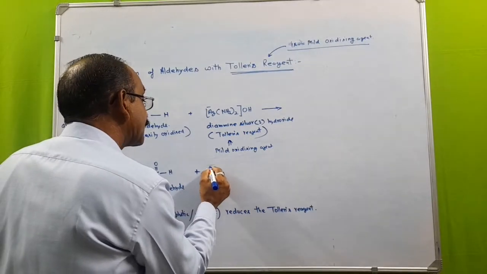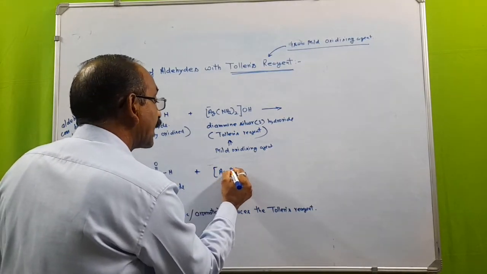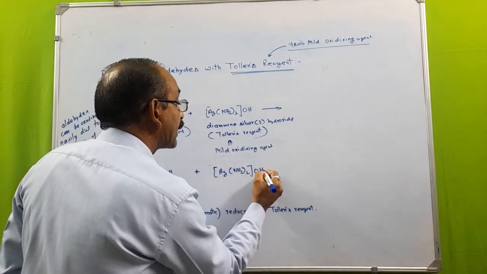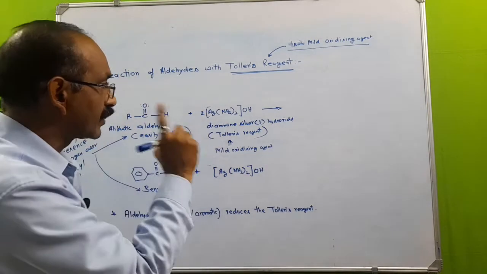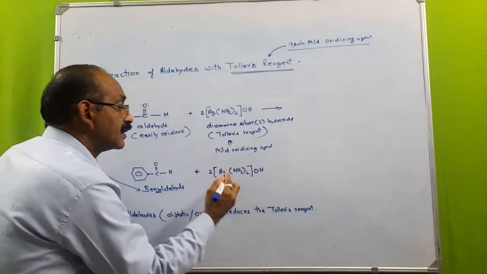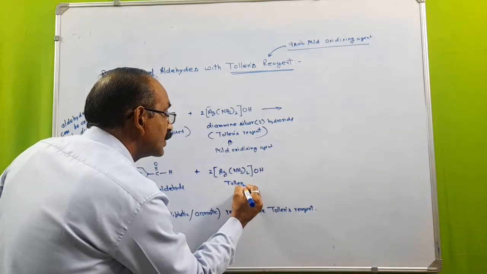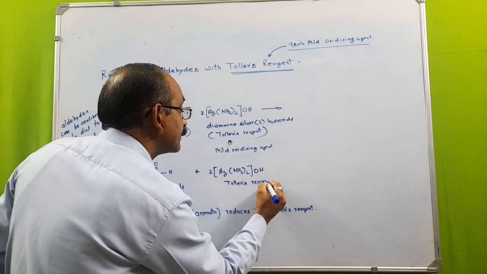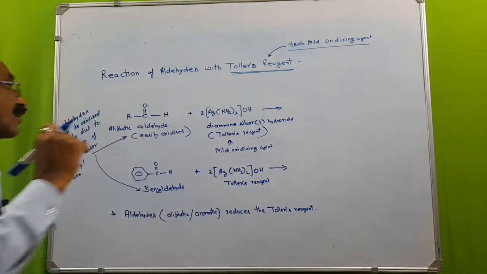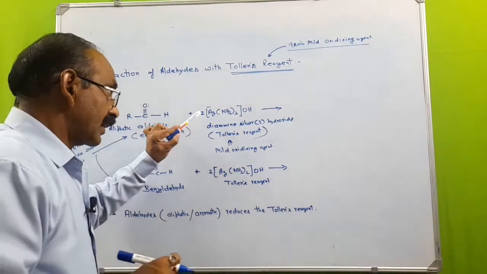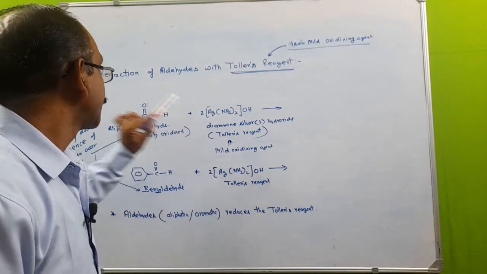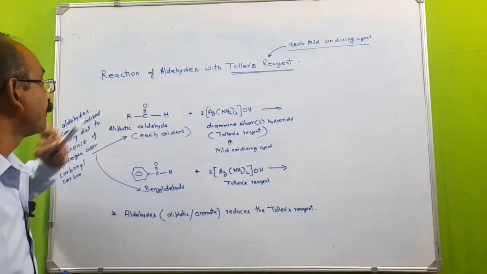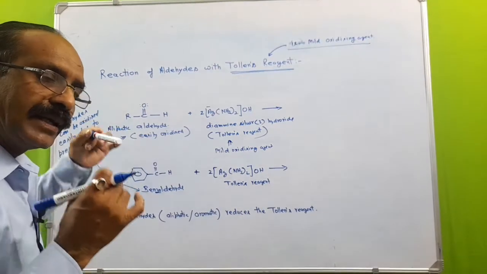When Tollen's reagent is added to aldehydes, whether aliphatic or aromatic, in order to write the balanced equation, just take 2 moles of the Tollen's reagent. Now what happens? As it is a mild oxidizing agent, due to the presence of hydrogen over the carbonyl carbon, the aldehyde will be readily oxidized.